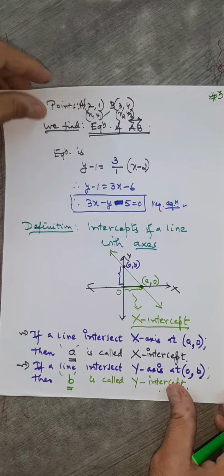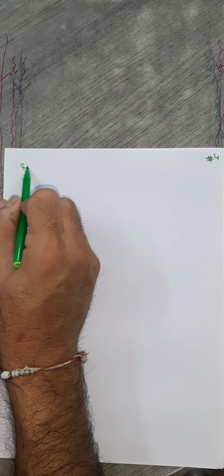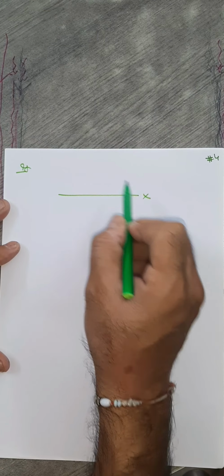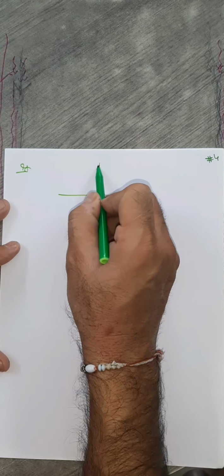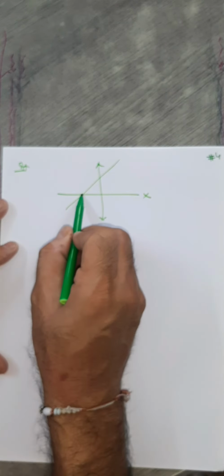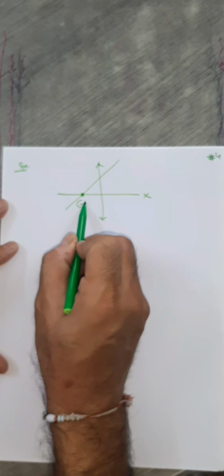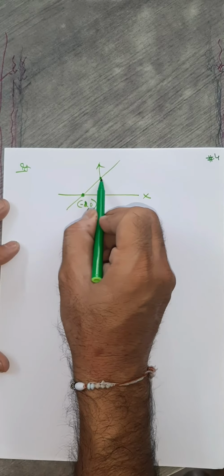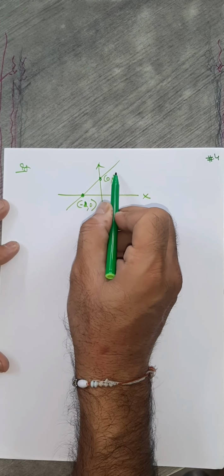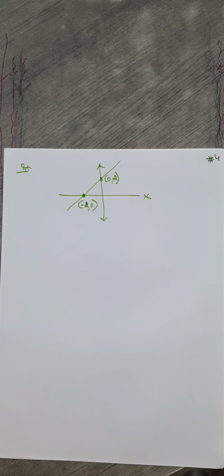Like this here. I'll consider the line like this. Okay. These are the two coordinate axes here. Suppose I have a line like this. Suppose I take this point as minus 2 comma 0 and this point as, for example, 0 comma 2. Okay, why did I write like this?